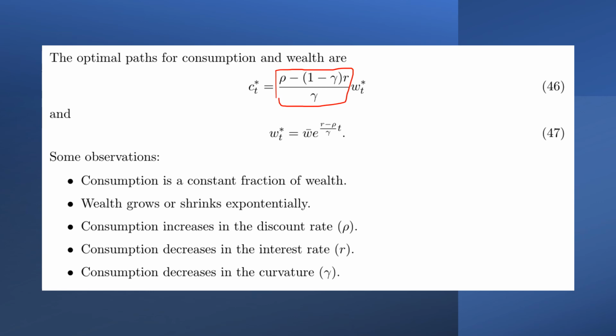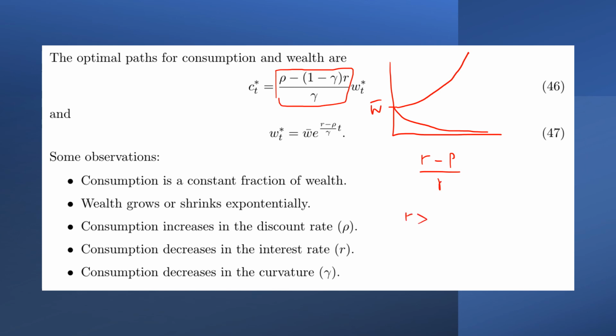Wealth grows or shrinks exponentially. So it will either grow like this forever or decrease like this and converge towards zero. Which one we get depends on the relative sizes of rho and r. It depends on the sign of the expression (r minus rho) divided by gamma.